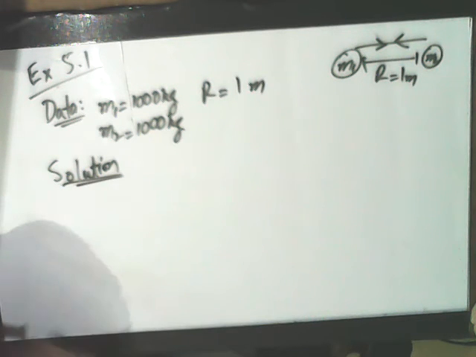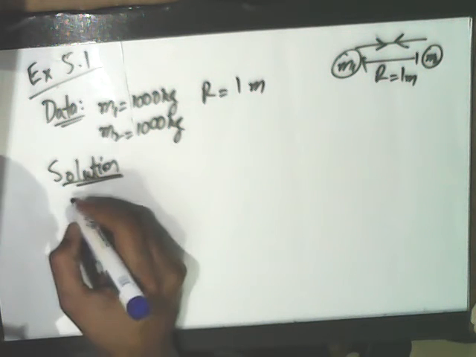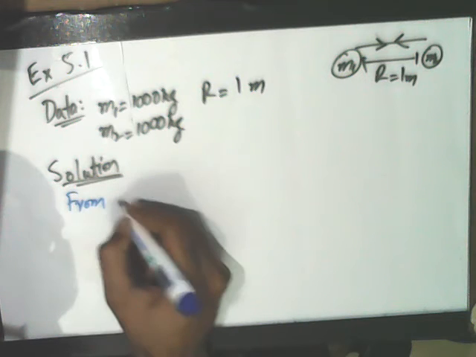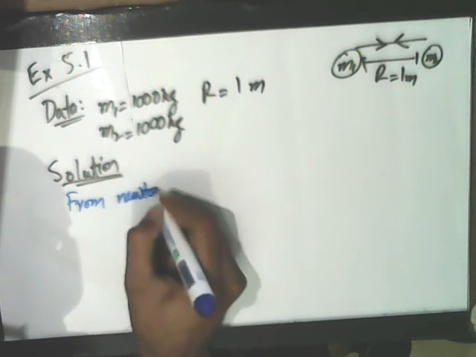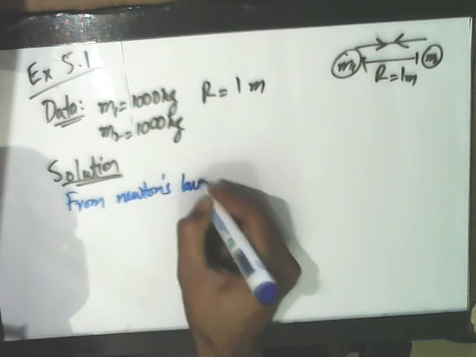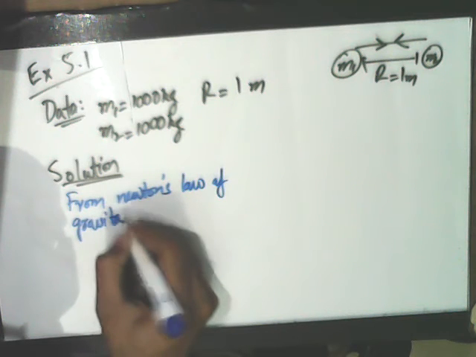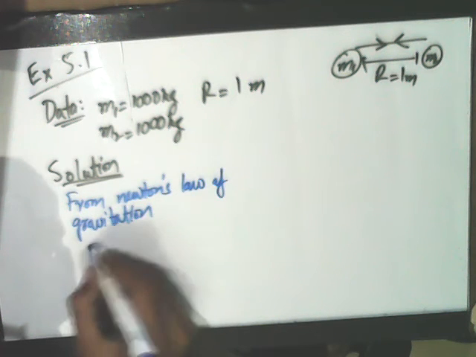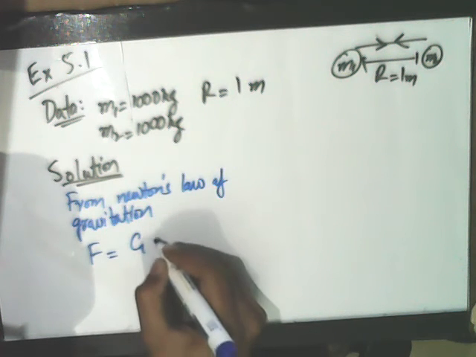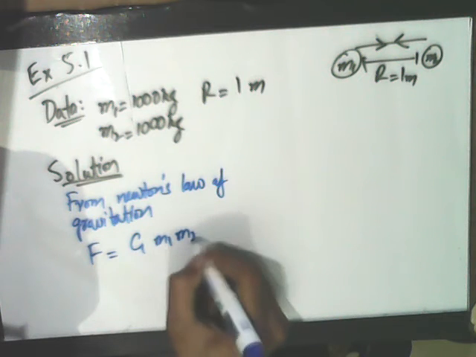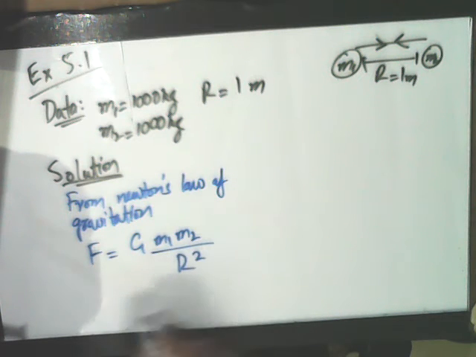As we do know from Newton's law of gravitation, F is equal to capital G M1 M2 over R squared.